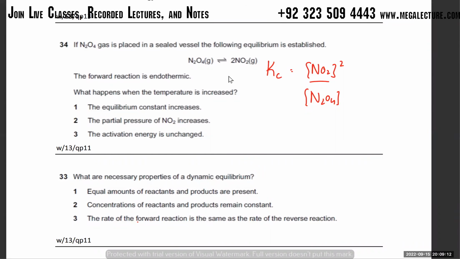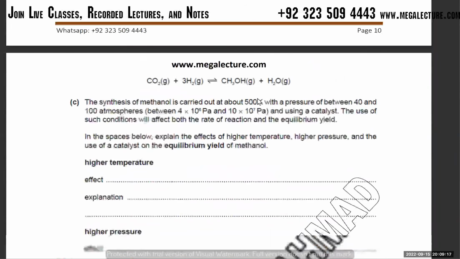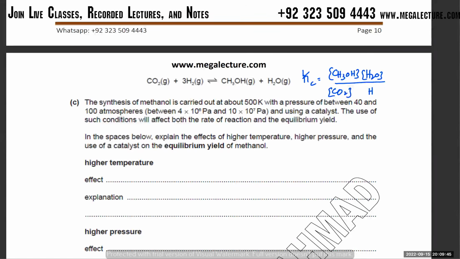Kc, this is the expression for Kc over here. Some other expressions, like if somebody is going to ask you for the Kc expression for this one, what is the Kc expression? It's going to be product concentration, so it's going to be CH3OH concentration and water concentration, and the whole thing gets divided by the reactant concentration, which is CO2, and you've got H2, and that's going to be cubed.